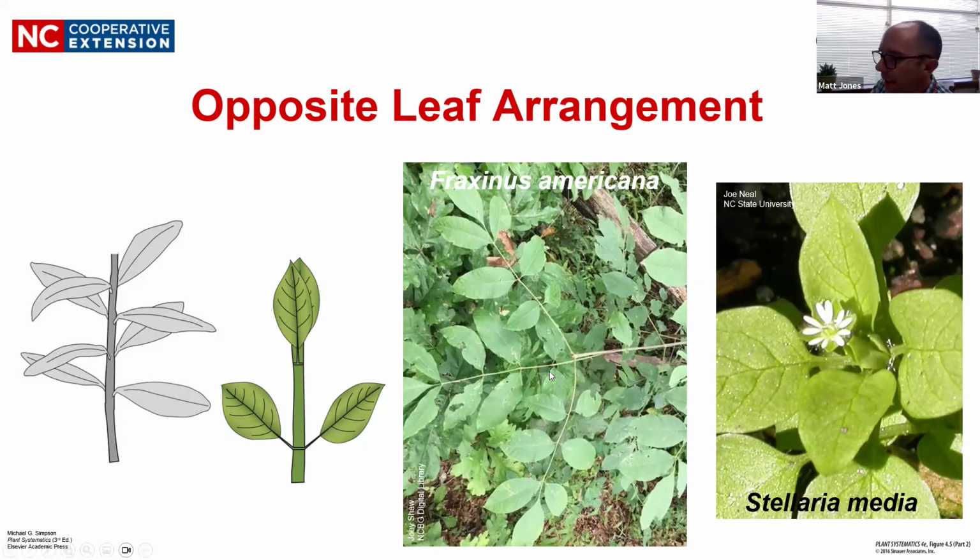But you'll see in this instance, there's 1 leaf here, 1 leaf here, and they're each oppositely arranged. Would you call this a simple leaf or a compound leaf? If you look closely, there are no buds here, but there are buds at the base of the petiole. So we would say this is oppositely arranged compound leaves.